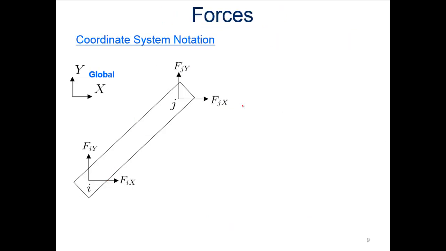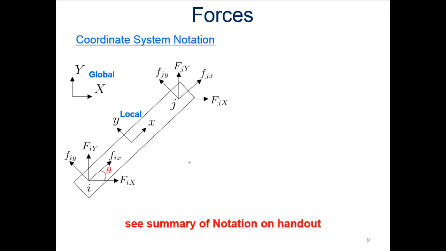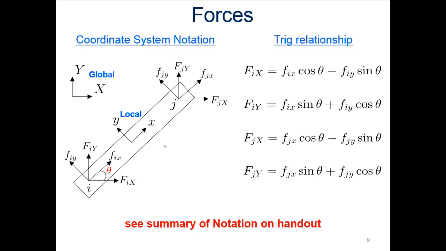All right. Forces, we can do the same thing. We have the global coordinate system, and we have our global forces at each node, again broken into components of x and y. And we can look at the local version of those, again some theta angle up from horizontal, to the local forces being felt by the member. They have the same trig relationships relating the local forces to the global forces.